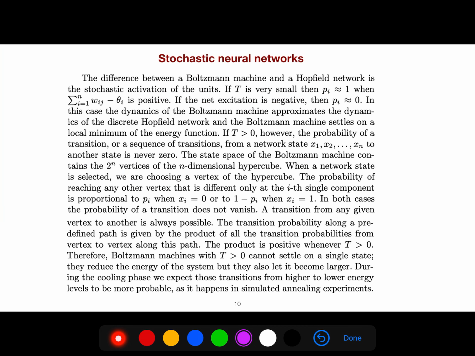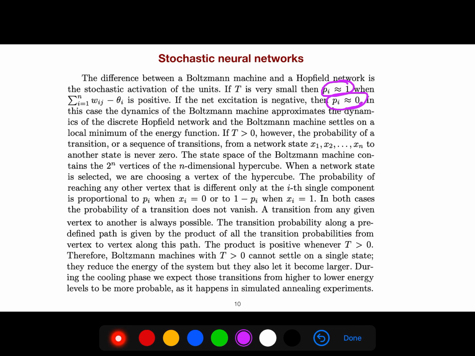The difference between a Boltzmann machine and a Hopfield network is the stochastic activation of the units. So if the temperature is very small, then that probability is very close to 1 if the net excitation is positive. And if the net excitation is negative, then it gets closer to 0.